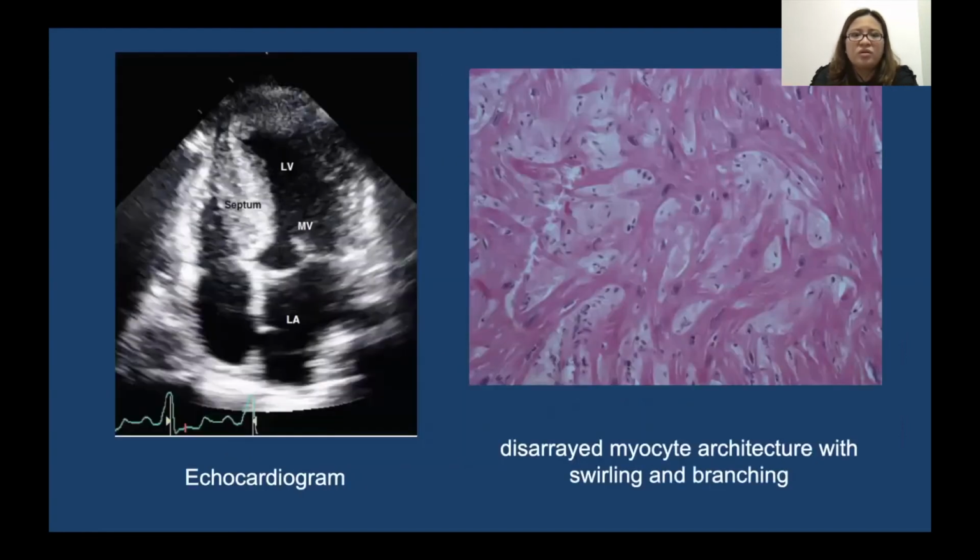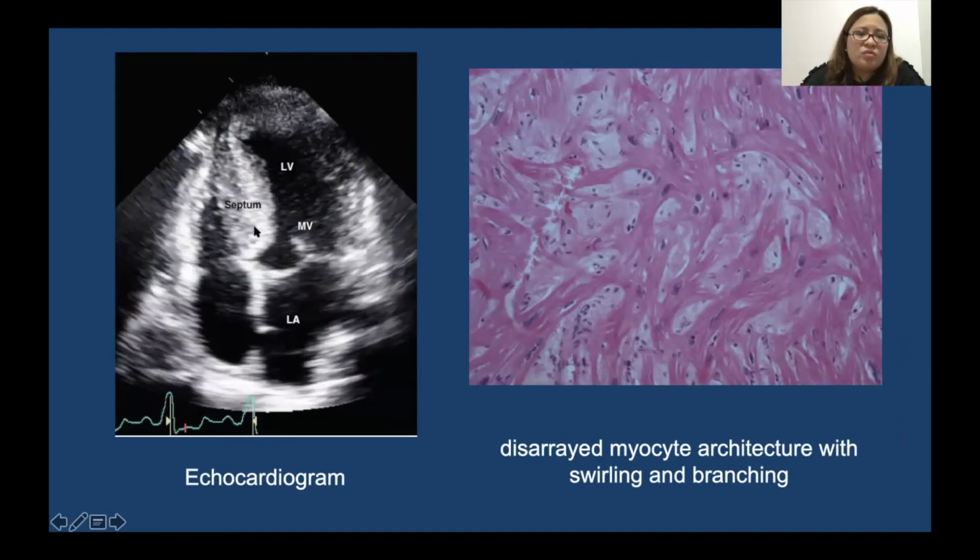So this is the 2D echo of a patient with hypertrophic cardiomyopathy. As you can see, there is asymmetric septal hypertrophy, which primarily involves the apical and the midventricular interventricular septum. There is also systolic anterior motion of the anterior mitral valve leaflet.